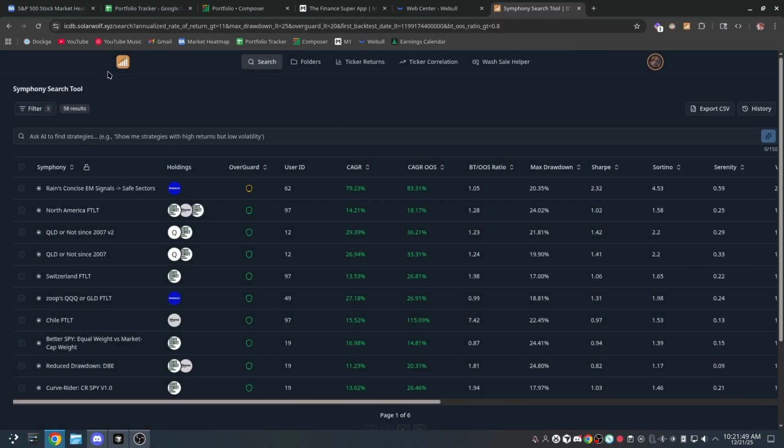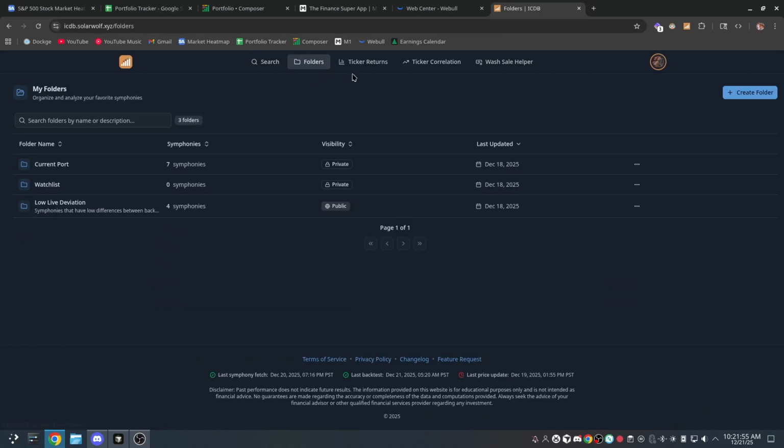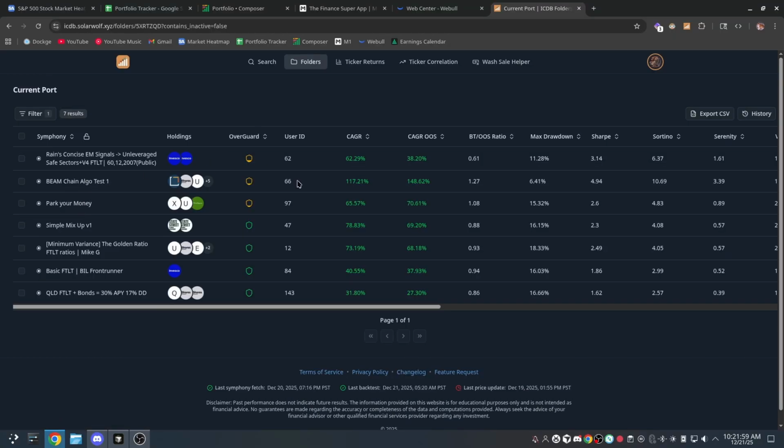And then I looked through all of these and determined which ones I think would be the best to go into. So going back to it, I have these here. You can see that they all have decently different numbers and are all above that 0.8, besides actually the Reigns concise portfolio that I'm in right now.